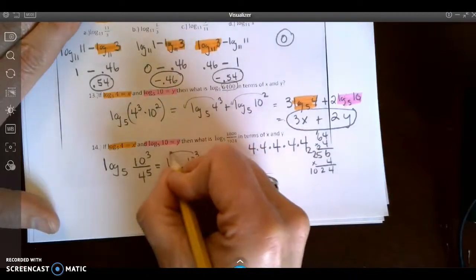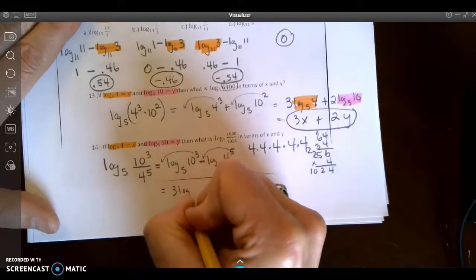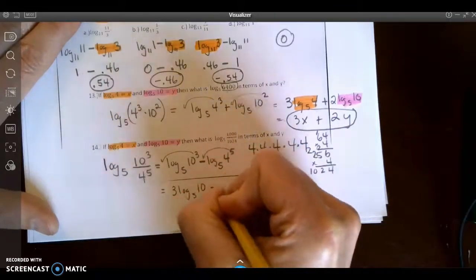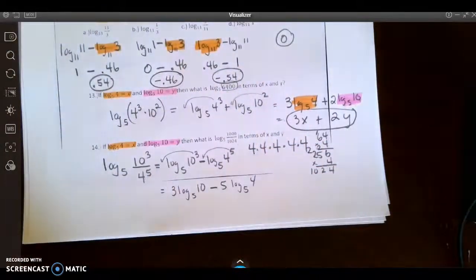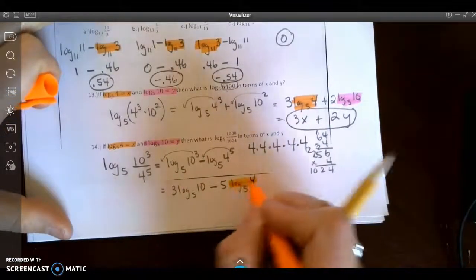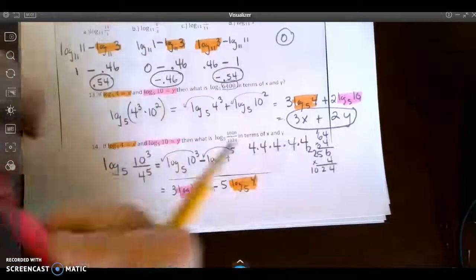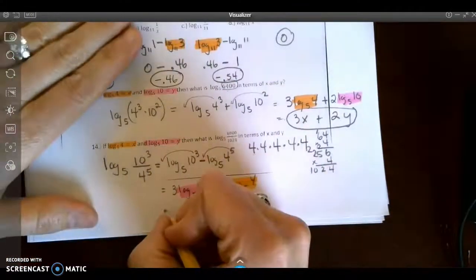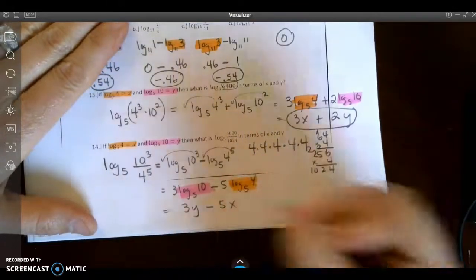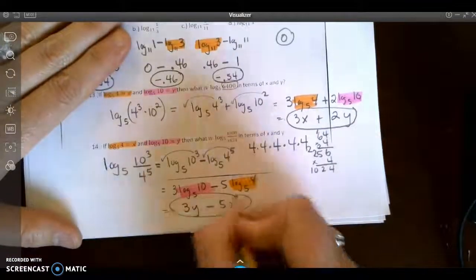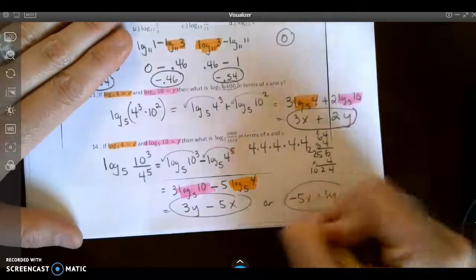All right, I'm going to move these exponents, and I get 3 times the log base 5 of 10 minus 5 times the log base 5 of 4. So there's my log base 5 of 4. There's my log base 5 of 10. And I get 3y minus 5x. If I wanted to write it with x first, I would say negative 5x plus 3y.